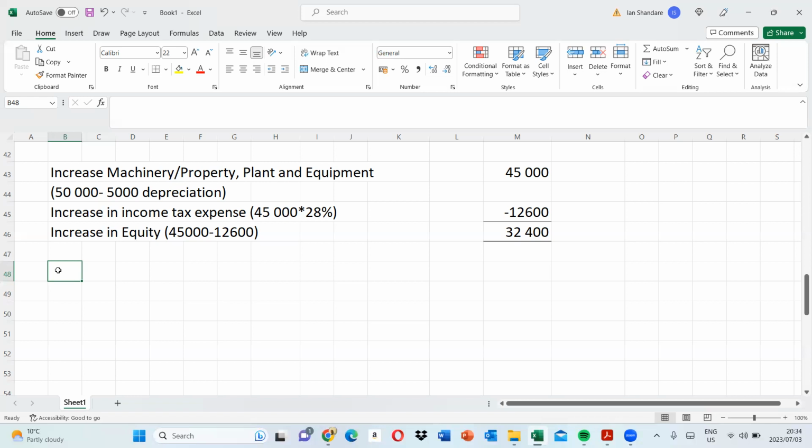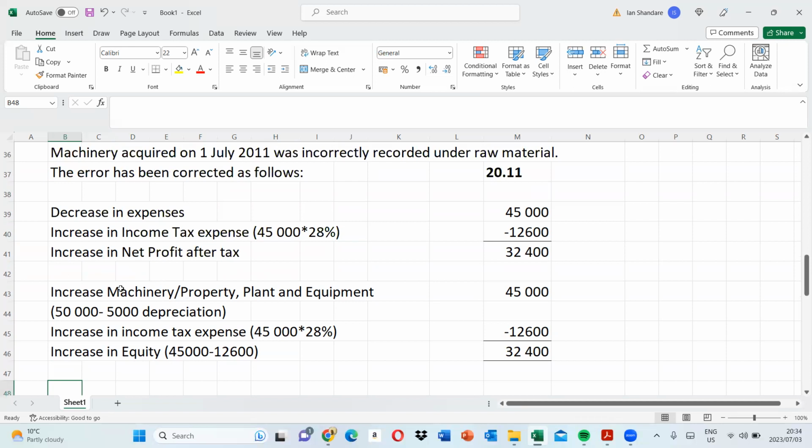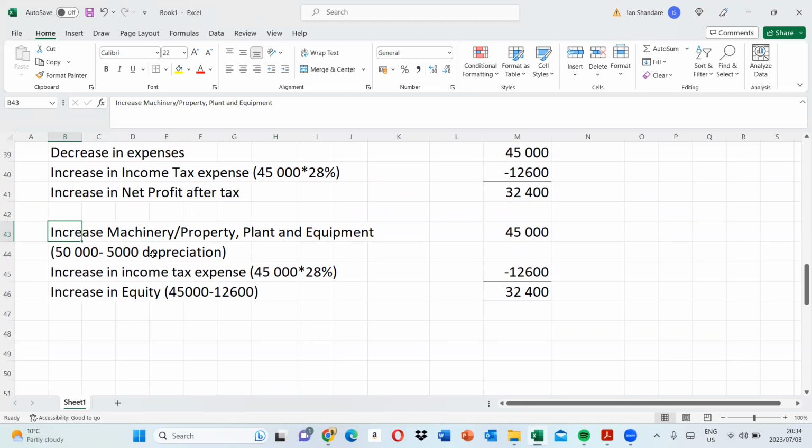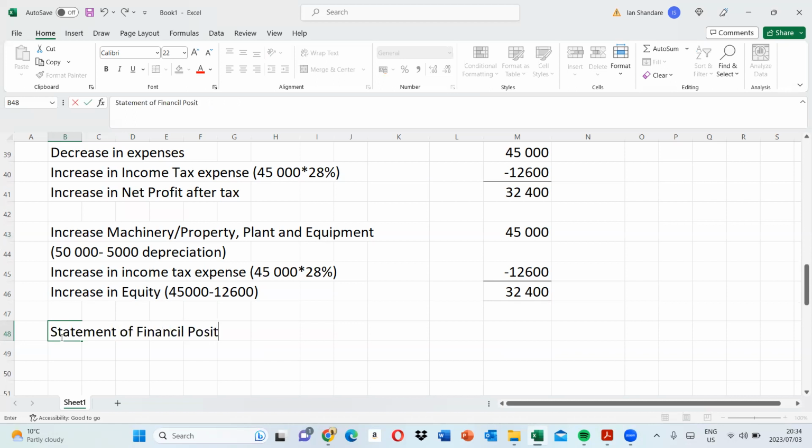You're not preparing the statement of financial position like you saw there. You're just looking at what is the effect on the statement of financial position. But if it so happens that they ask you to prepare the statement of financial position, you have your non-current assets.